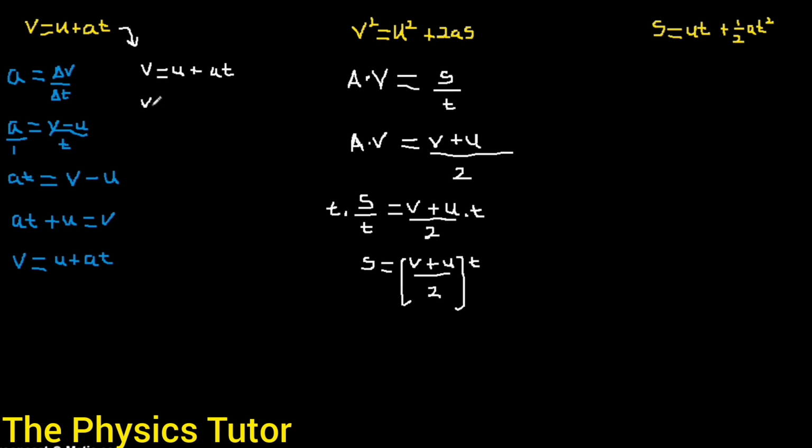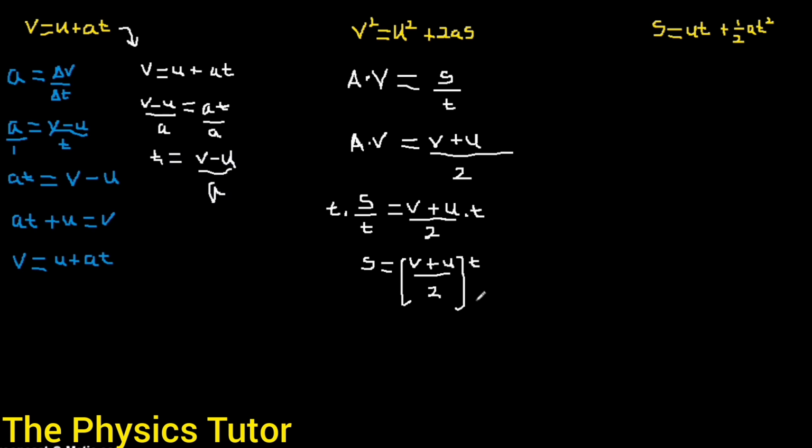Therefore, I have v minus u is equal to at. And finally, I divide both sides by a. Therefore, t, which is the time, is equal to the final velocity minus the initial velocity divided by a.